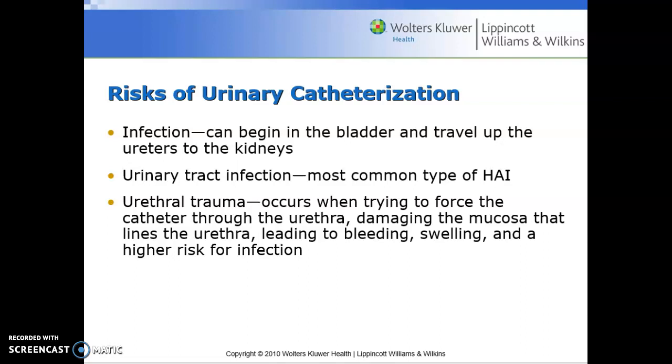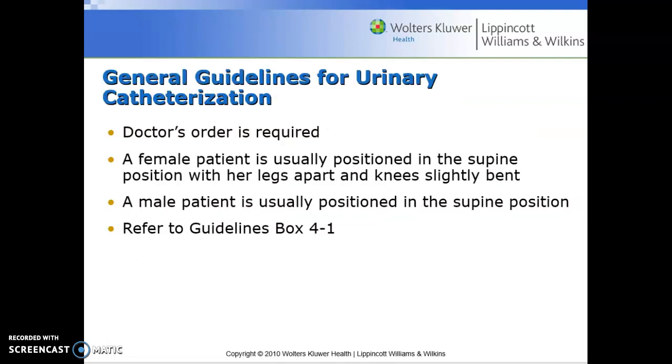One type of catheter that may be used in males who have an enlarged prostate and they're having trouble getting that patient catheterized is what we call a Coude catheter. It's spelled C-O-U-D-E, and it has a specially tipped and shaped end just to get around that prostate, so it may make it easier.